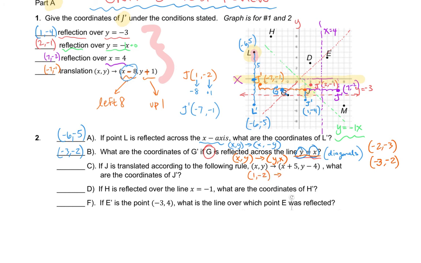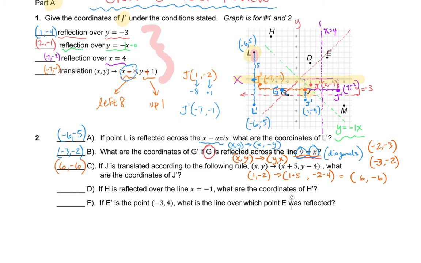So let's just do 1 + 5, because that's what my rule says, and we'll just do the y, -2 - 4. Because my graph is getting so messy, I'm just going to use the rule. The rule spits out 1 + 5 is 6, and -2 - 4 is -6.